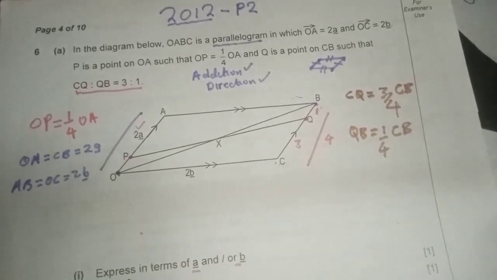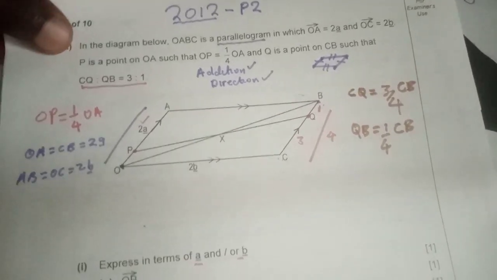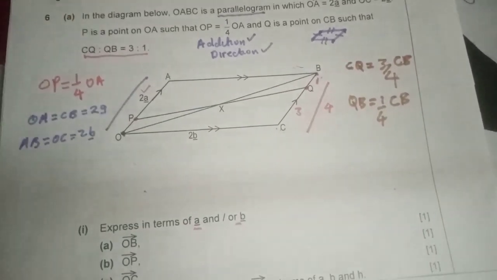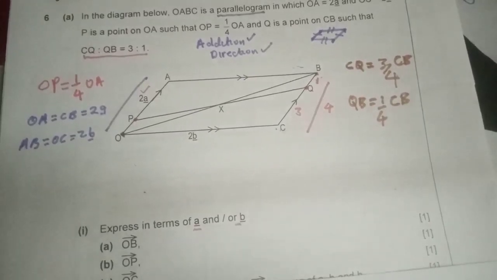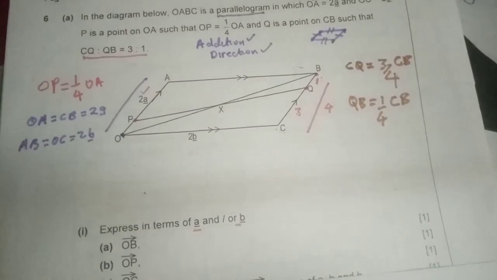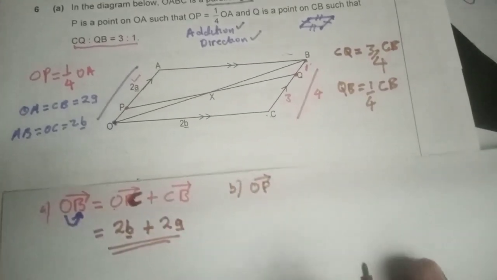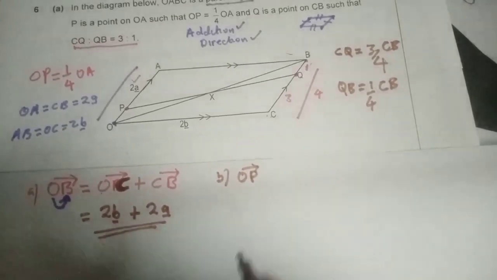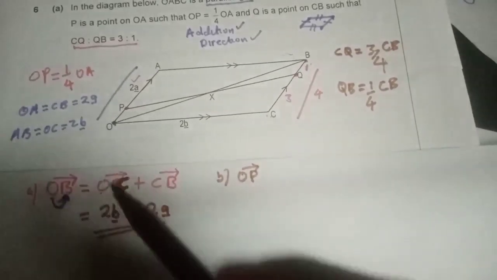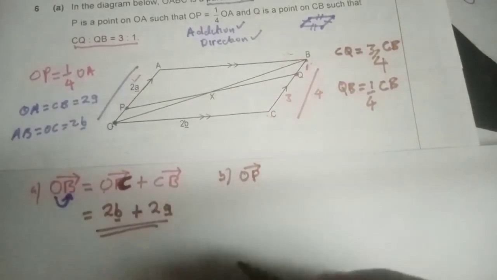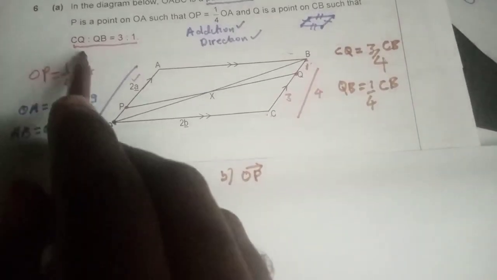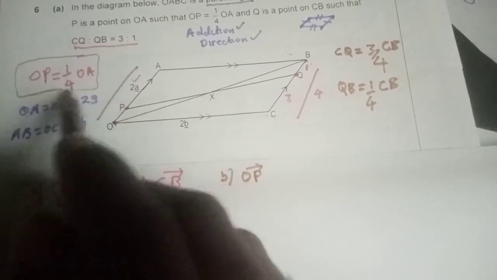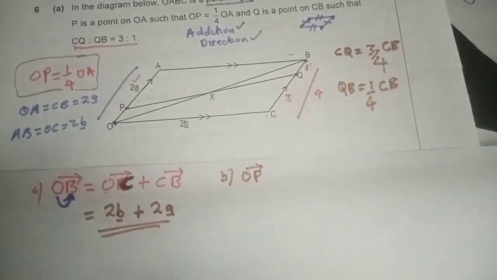So the next question, question B, we find OP. So let's just find OP. Now remember what we are told on OP; we had already established this from the question, and that's what we're going to use to find OP.